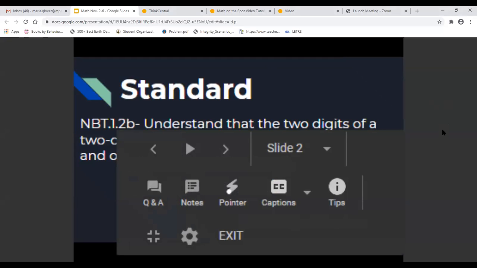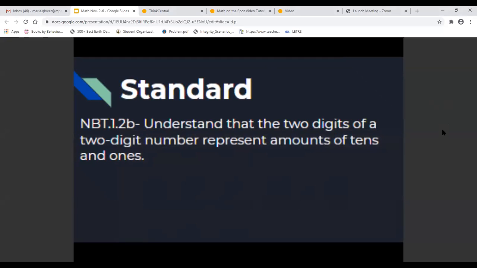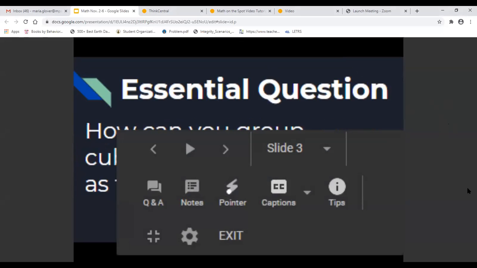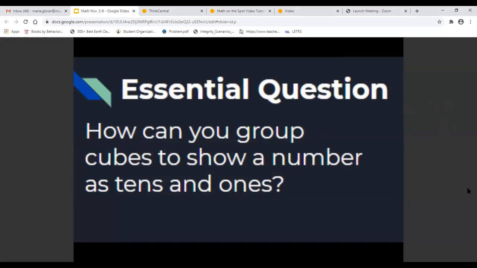Our standard is NBT 1.2b. Understand that the two digits of a two-digit number represent amounts of tens and ones. Our essential question today is, how can you group cubes to show a number as tens and ones?